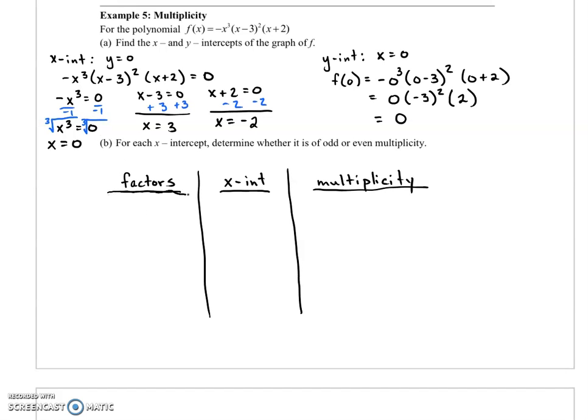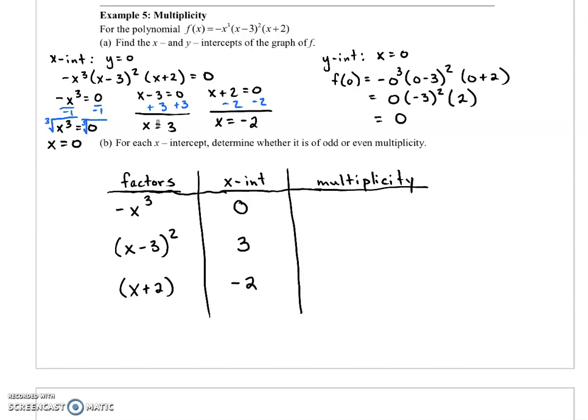So our first factor was negative x cubed, and that gave us an x-intercept of 0. Our second factor was x minus 3, which gave us an x-intercept of positive 3, and we had an x plus 2, which gave us an x-intercept of negative 2. And I forgot the squared on the x minus 3. Sorry about that.